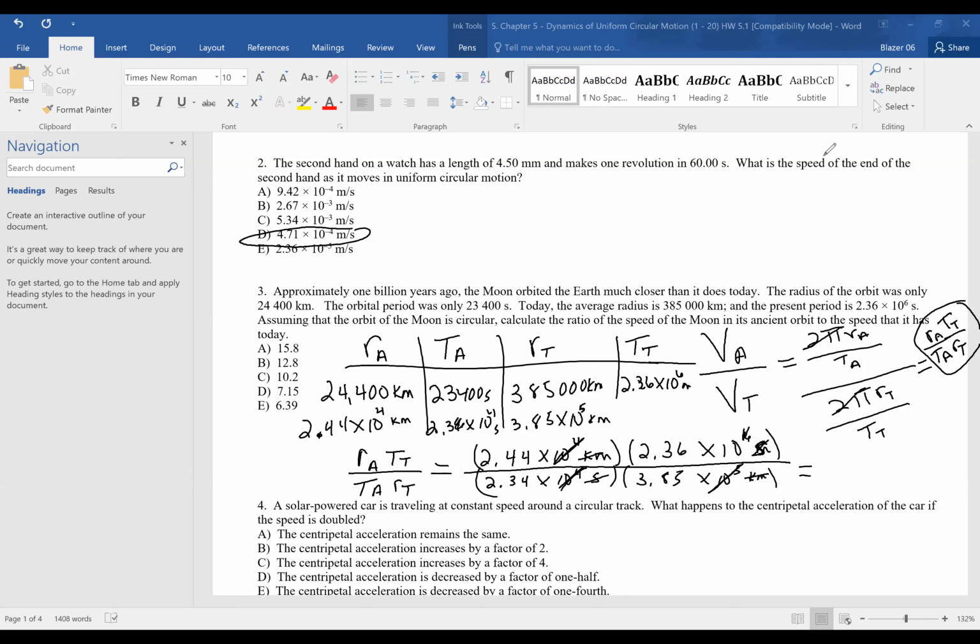Okay, Lanisha, look at where your decimal is. All right, the answer is E. Lanisha, look at yours again and see where your decimal is. I think maybe you left off this 10 right here.